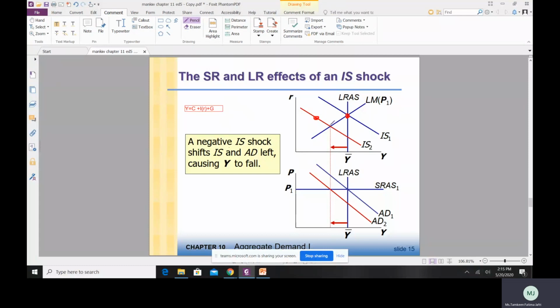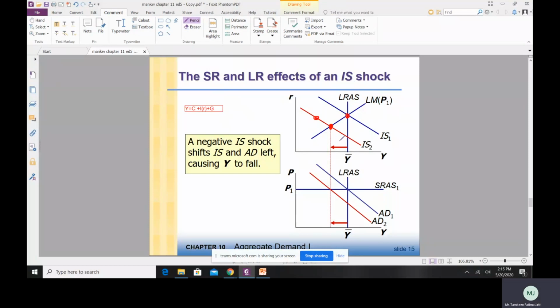So as a result, the new equilibrium is established at this point where interest rate पहले के मुकाबले में कम है और output level is also less than the natural rate or the full production level. Okay.